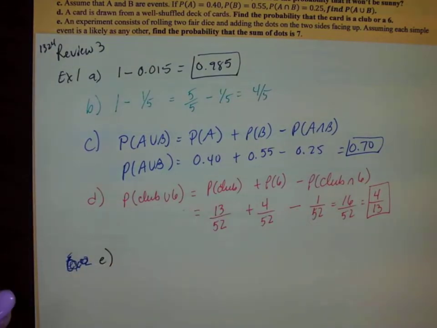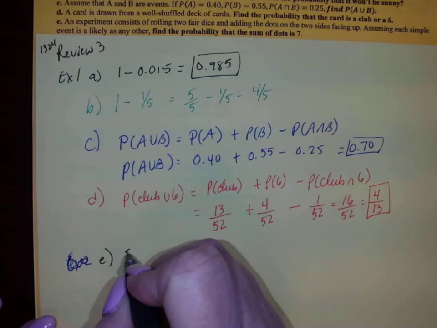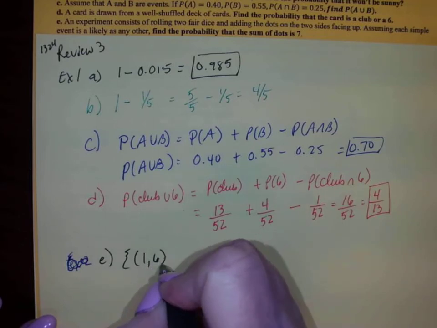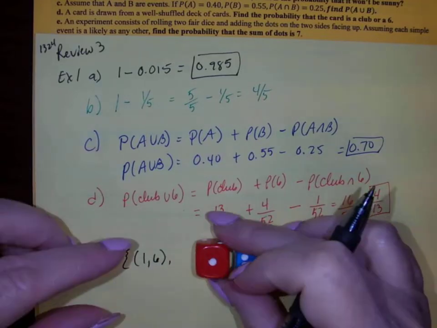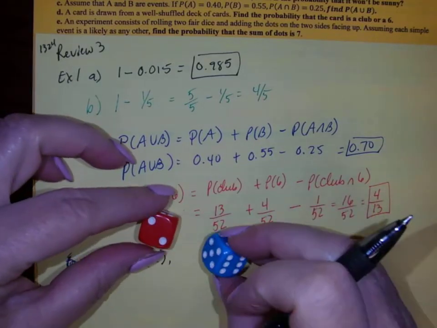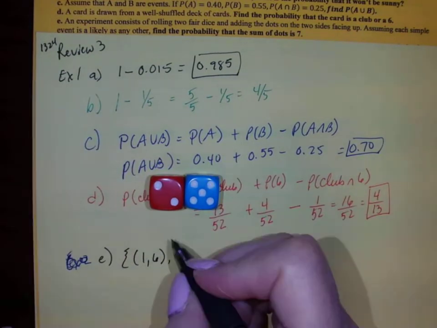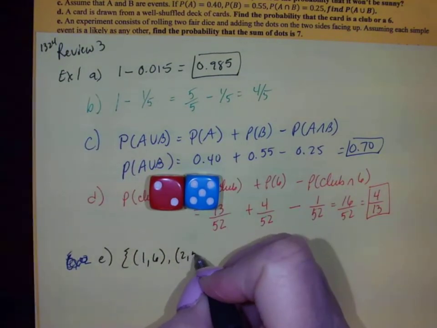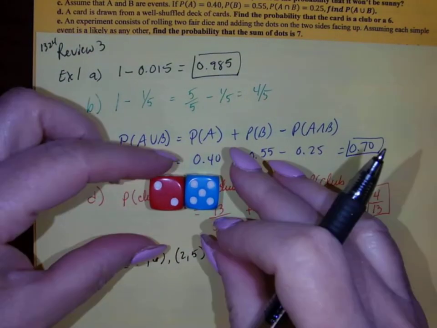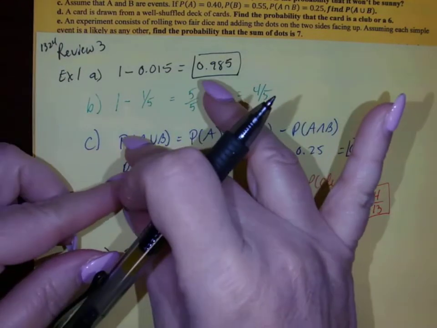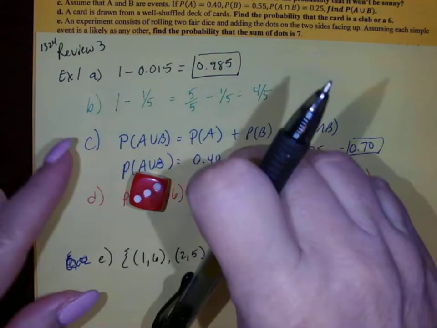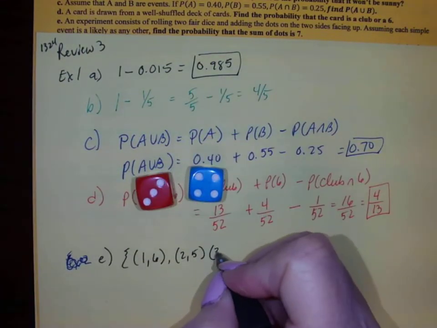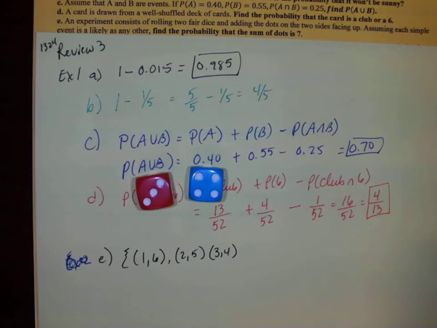So I'm going to start listing the possibilities. I have a 1 and a 6. And then if I take a 2 and a 5, that will equal 7. And then I could get a 3 and a 4. That will get me 7.